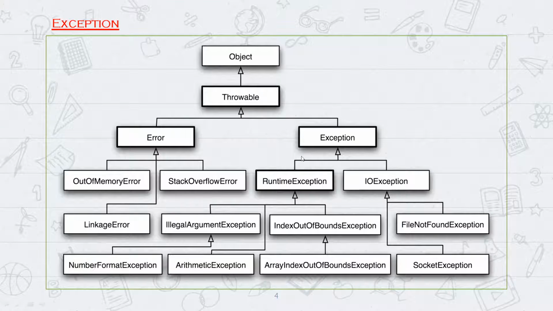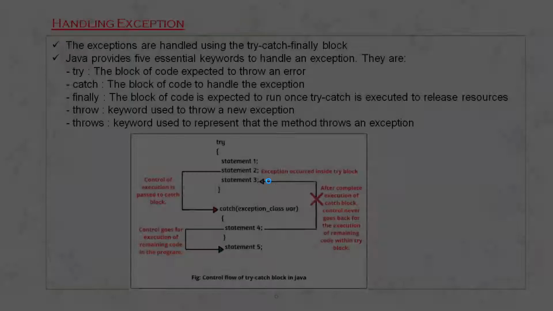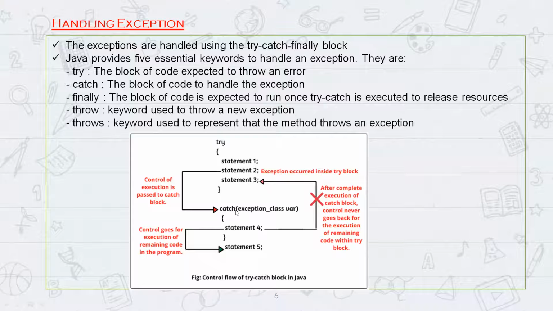Within the parenthesis you declare a class and its variable. Any exception that comes will be passed to the respective catch block.